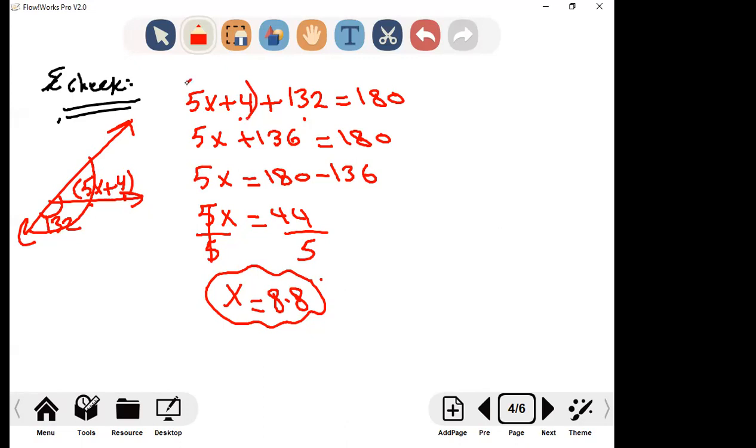This is 5x plus 4, and this is 132. I added them, the answer is how much? 180. Now I simplify: 4 plus 132 is how much? 136. Then do two-step equations. Got it? Yes, I sum.